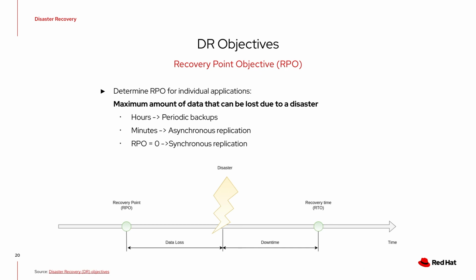On the other hand, if you have applications which are more critical and you allow them to only lose minutes of data, then you are already looking at using asynchronous replication. And if you cannot lose any data, even during the disaster, then you need to replicate the data synchronously, because that's the only way you can make sure that even when the disaster happens, you still have the data.